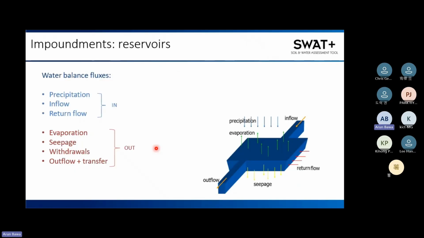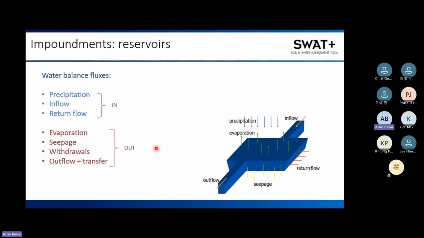Then we have some structures based on the demands. We have been working a lot toward that part, especially on reservoir management. On the reservoir, some processes are in a very detailed manner, but some processes are not that detailed.